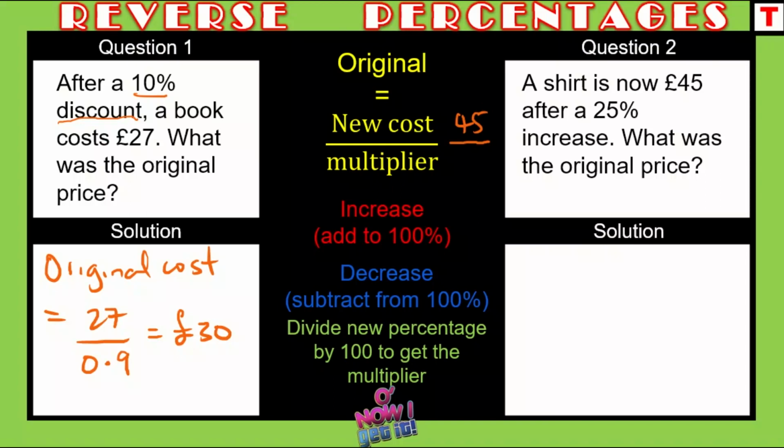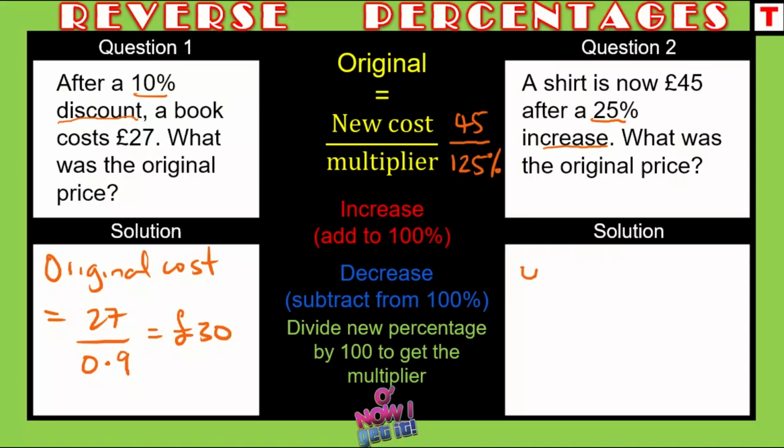So remember, we always start with 100%, and if we increase by 25%, we're now at 125%. So therefore, this is now going to be 125% as the multiplier. But keep in mind, the multiplier that we have as a percentage needs to now be converted to a decimal. Very good.